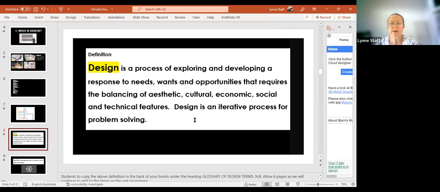So we will be breaking it down further, as I realize there are other words that are not common. For example, iterative, aesthetic, what does it mean by technical features? But initially, I just would like everyone to get down this definition and then we can refer back to it. Excellent, fantastic.